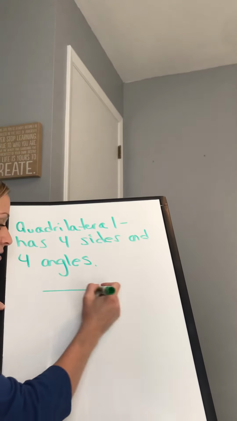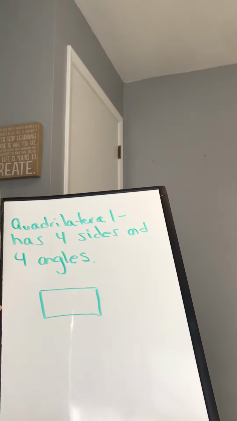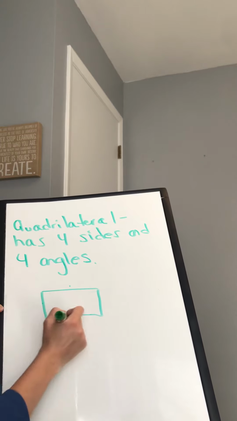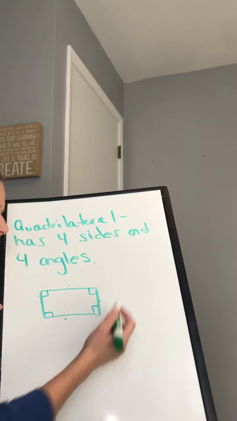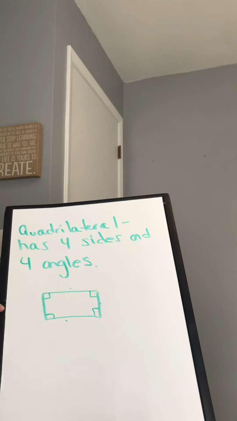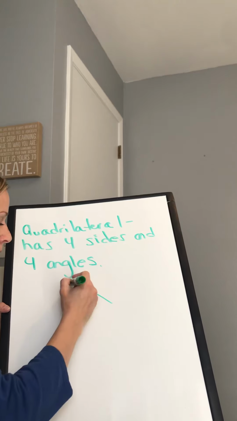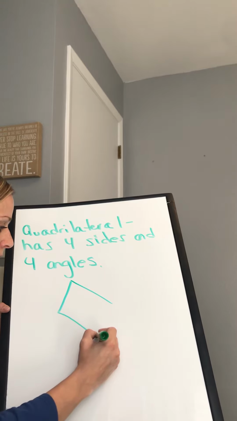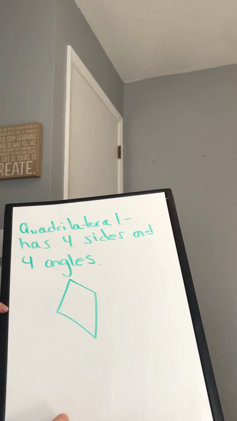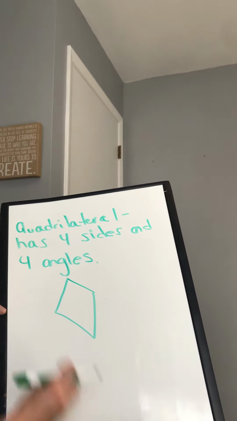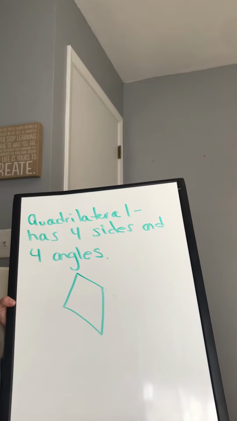So yes, an example most of you are going to think of is a rectangle or a square. 1, 2, 3, 4 sides, 1, 2, 3, 4 angles. But you could make a shape like this. Okay, 4 sides, 4 angles, okay? Any shape that has 4 sides and 4 angles. It doesn't have to be a shape with another name, okay.